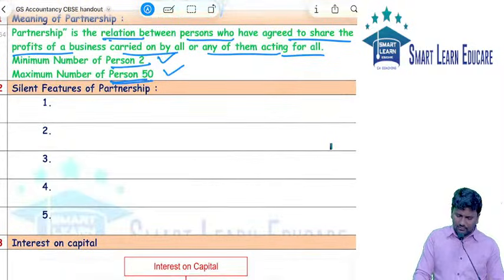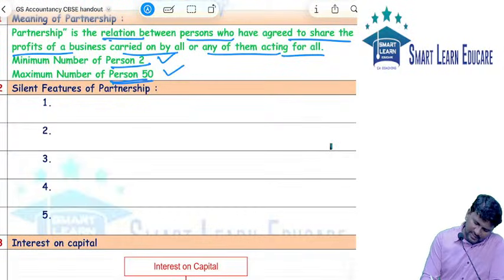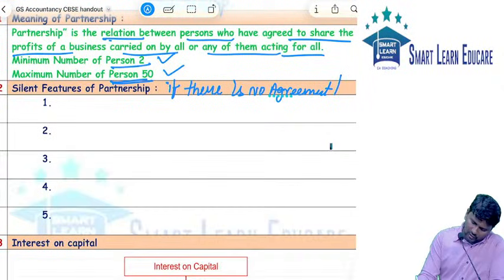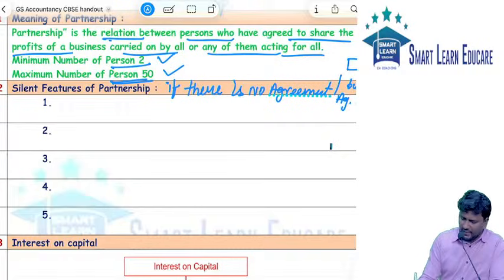Next one, silent features of partnership. When will the silent features of partnership apply? If there is no agreement, or we have an agreement but the agreement is silent, then only these silent features of partnership will apply.